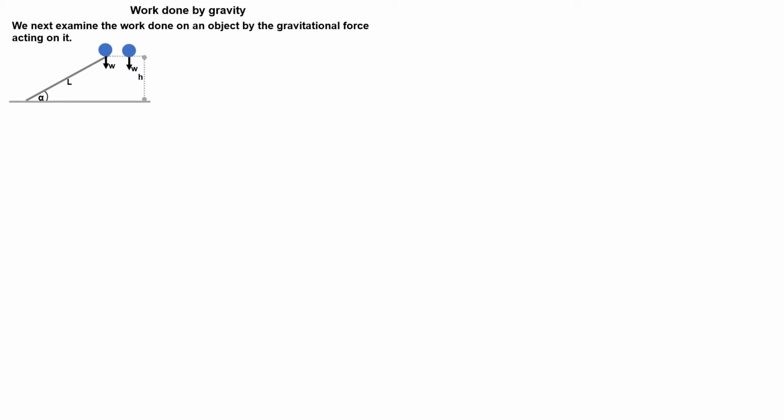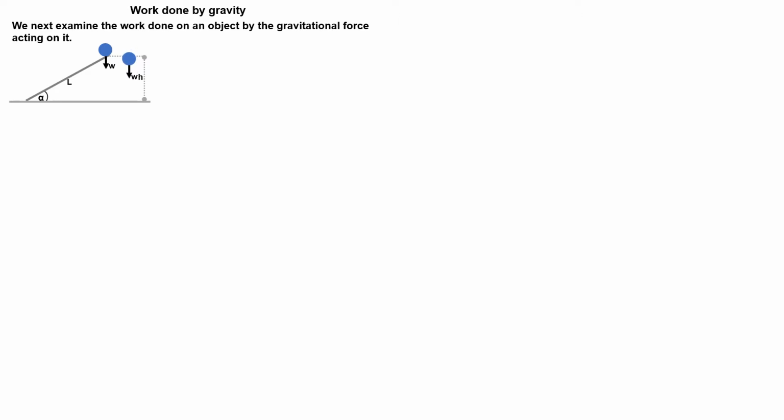First, the body is subjected to a single force due to gravity in vertical motion. Second, the body is subjected to a single force due to gravity in motion along an incline. For the sake of simplicity, we will start by making the assumption that air resistance is negligible and the body slides on the incline without friction.